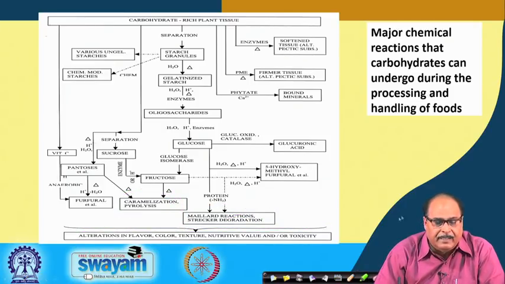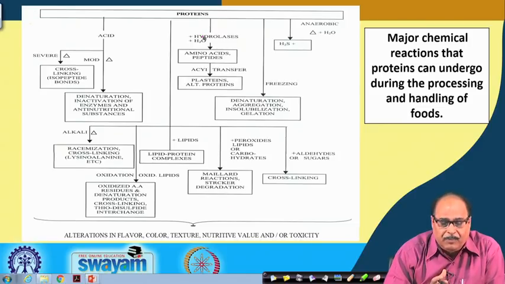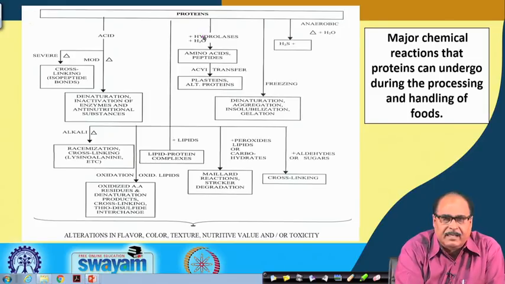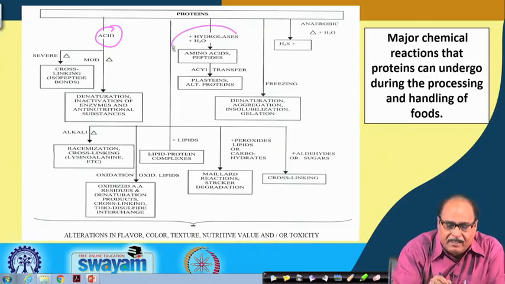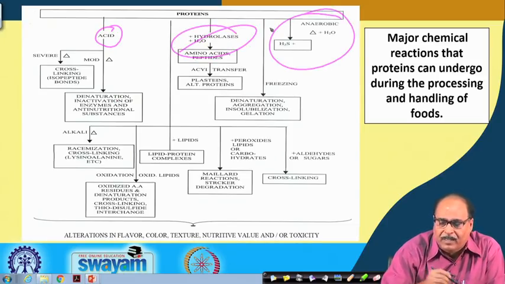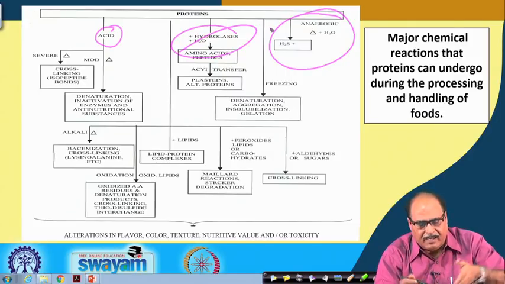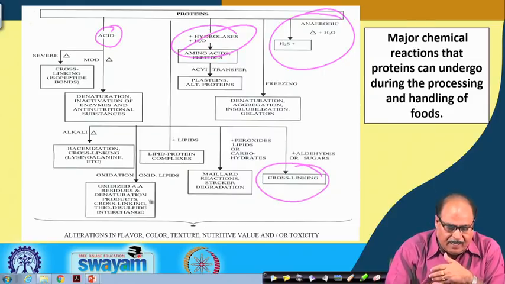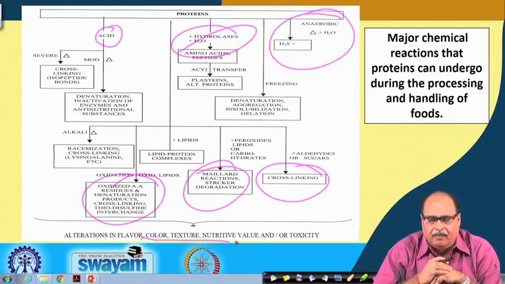Similarly, if we take a protein-rich food, proteins are polypeptides, and these polypeptides can be broken down into tripeptides, dipeptides, tetrapeptides etc. Similar to what we discussed in the case of carbohydrate, here also it may come in contact with acid or certain enzymes, water, even under anaerobic conditions, and then there will be acid reactions, severe or moderate. Ultimately it may get involved in different types of cross-linking reactions, oxidation reactions, Maillard reaction etc., and various new compounds get formed, affecting the product characteristics.